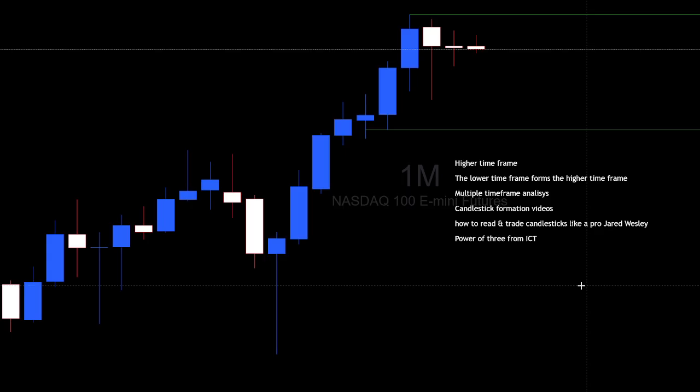We have to let the chart print the direction it's going to take, and once we know what the trend is going to be, then we can take action. But it's very important for everybody to understand that if we don't understand how the candle is forming, it's going to be very difficult to achieve success.